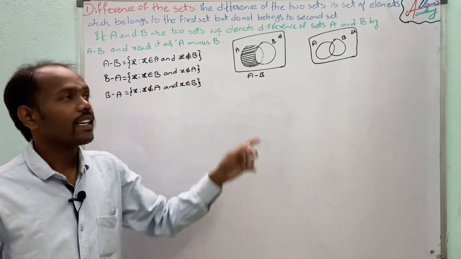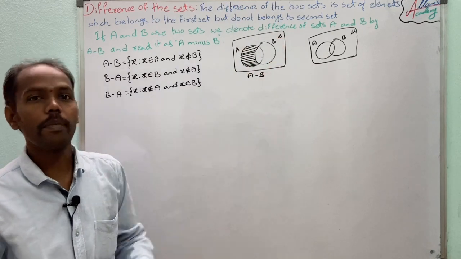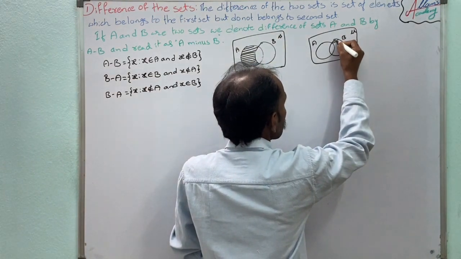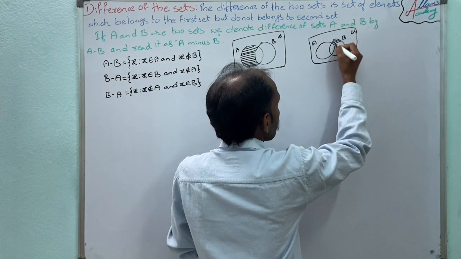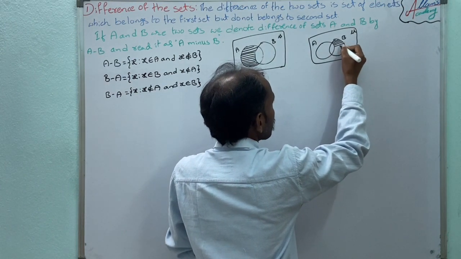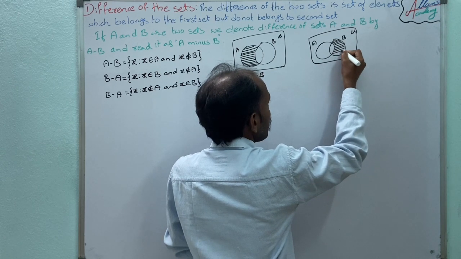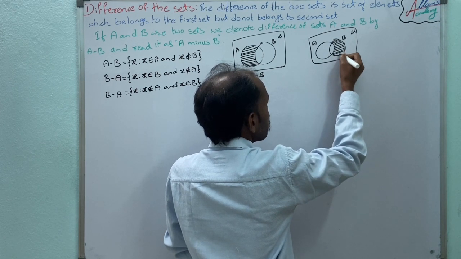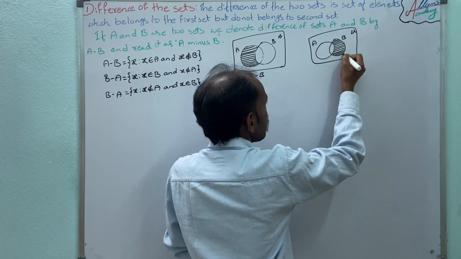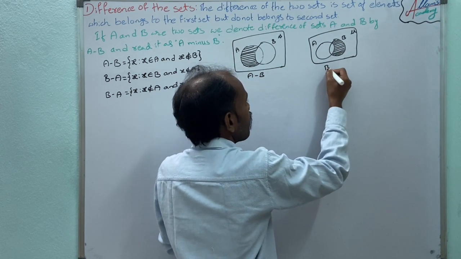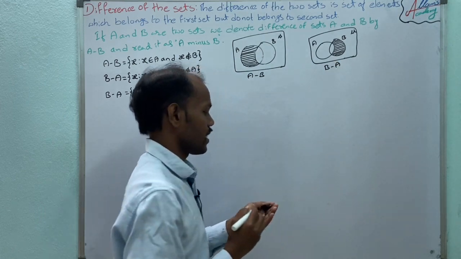Here the first set is B. So in that set B only the elements are present, and the common elements will be neglected, as we already said. So we shade the B set except the common elements space. So it is the Venn diagram of B minus A.